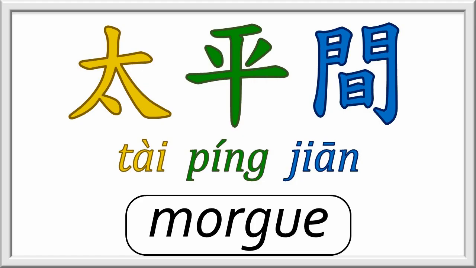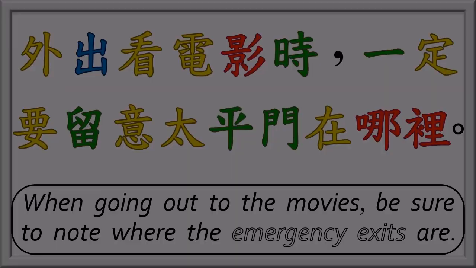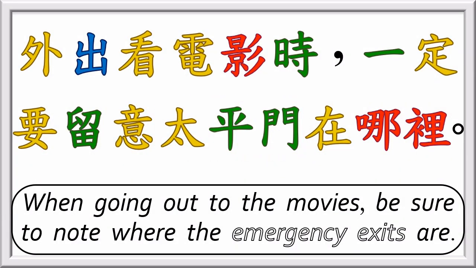太平间 literally the peaceful room, is the proper way to say a morgue in Chinese. The emergency exits in theaters, especially those leading to a fire escape, are often referred to as 太平门。外出看电影时，一定要留意太平门在哪里。When going out to the movies, be sure to note where the emergency exits are.